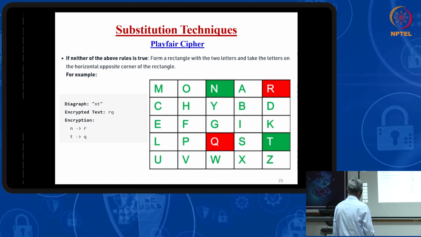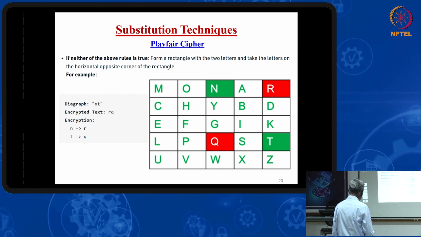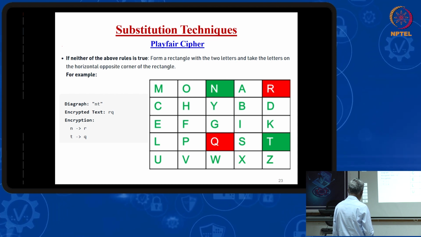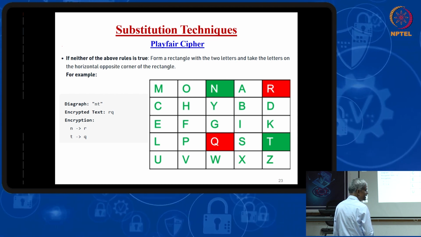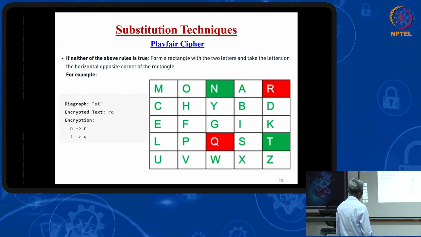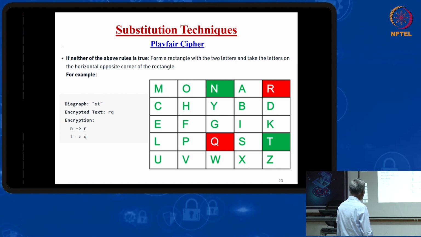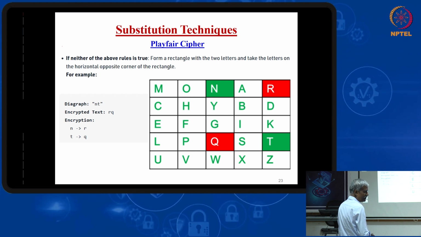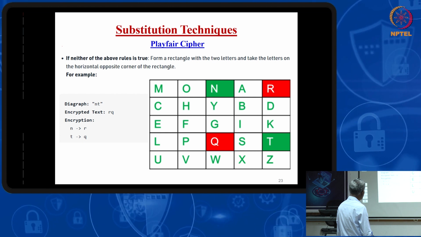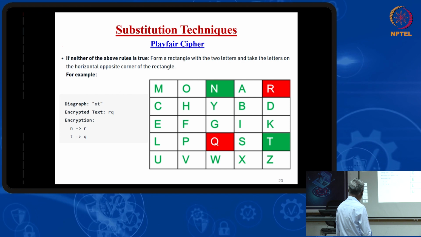Start from the row of the first letter. N to the right side, and T to the top, they intersect at this place. So N is converted to R.